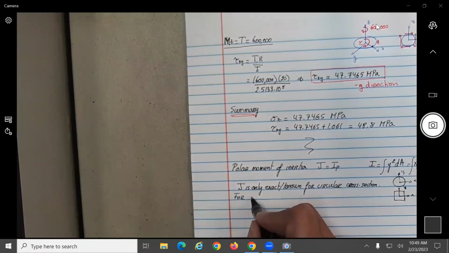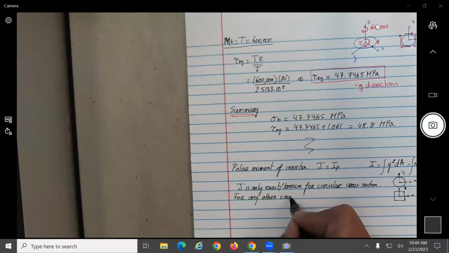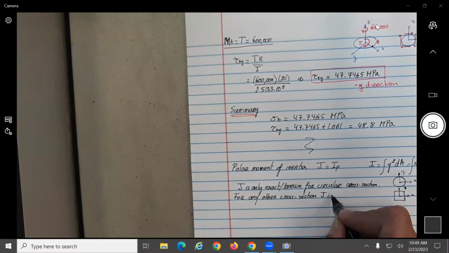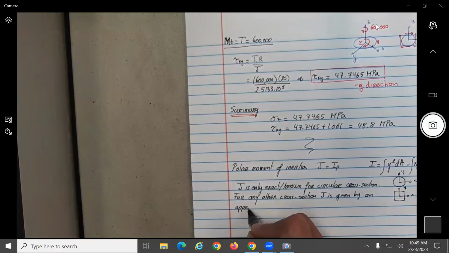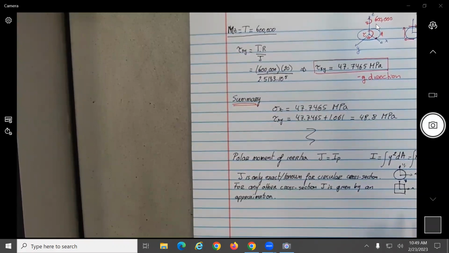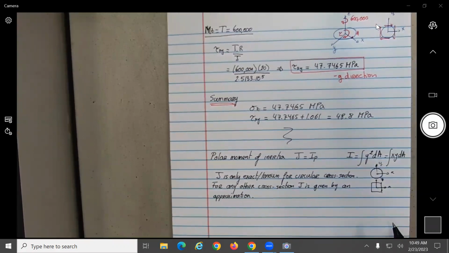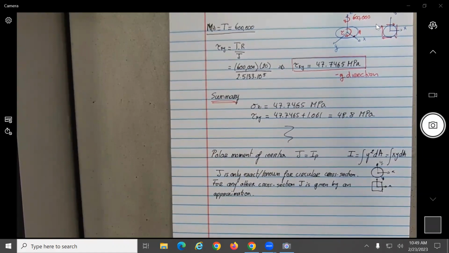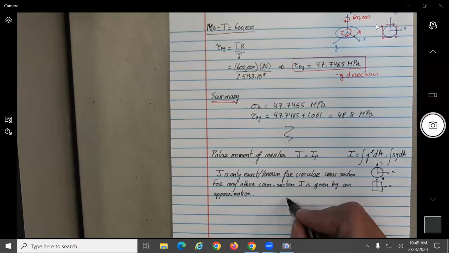For any other cross section, it is given by an approximation. In most cases that will depend, but if you have a square, the approximation will be given to you or defined.